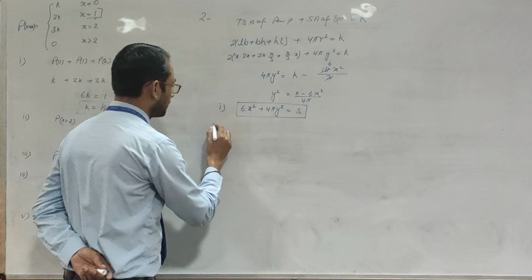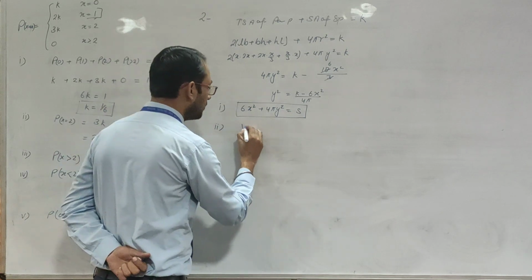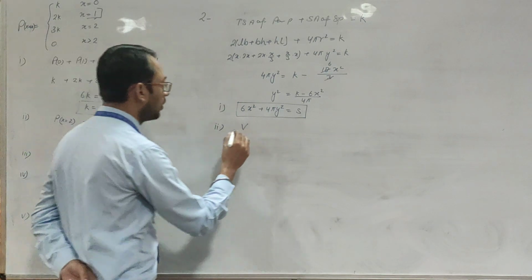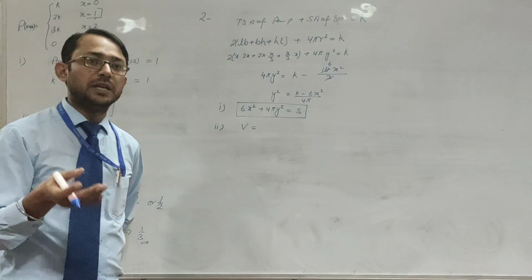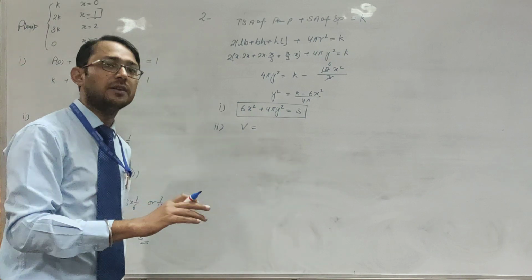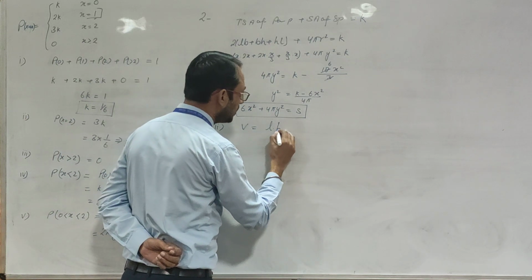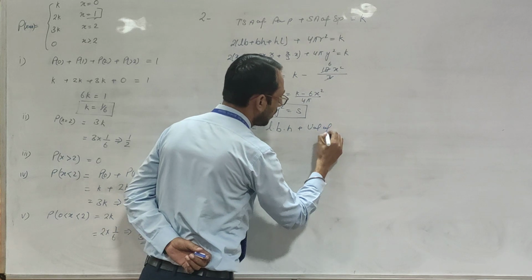If the combined volume is denoted by V, we need to find the volume. The volume of the rectangular parallelepiped, that is the cuboid, is L into B into H, plus the volume of the sphere.